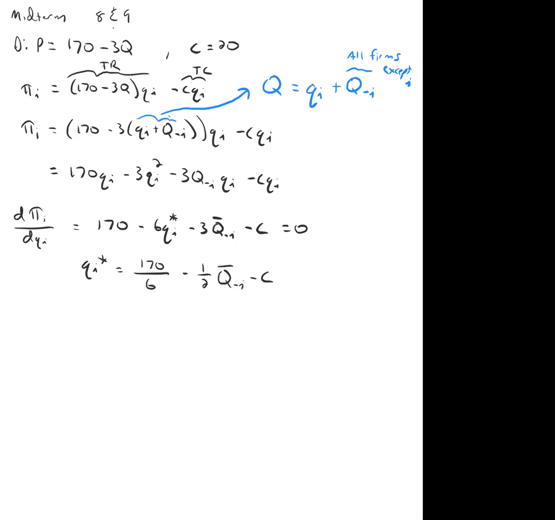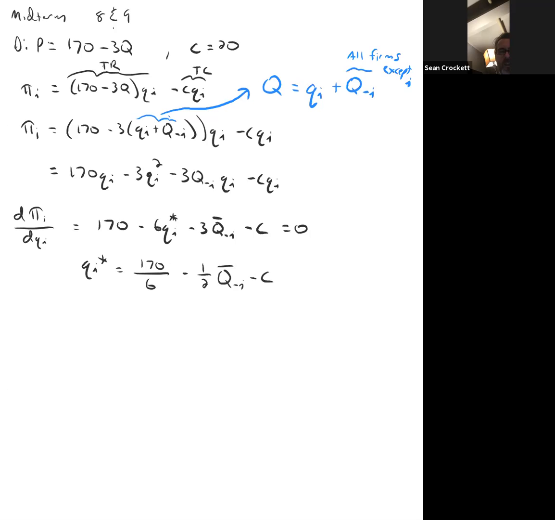Do you have to plug in anything like with the cost, or do you leave that out? The cost is in there, so I have the minus C times qi. I think it's supposed to be 175.